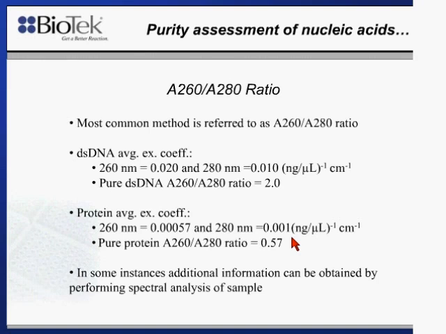However, it's not always the case that we can tell whether or not a sample is pure, and I'll discuss some additional methods using spectral scanning and show some evidence of why we might want to use some other methods as well as the standard A260, A280 ratio.